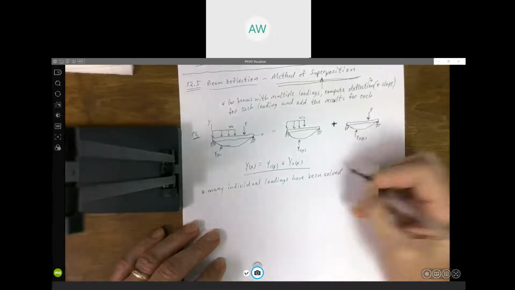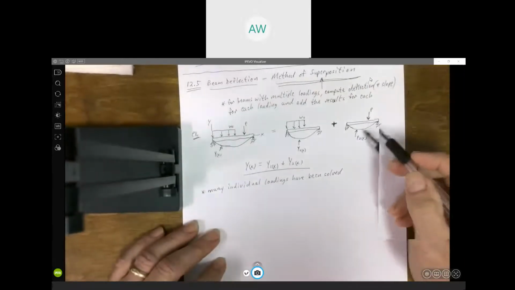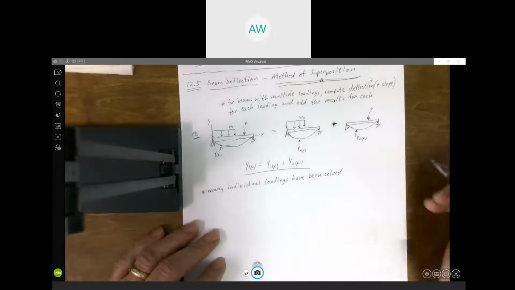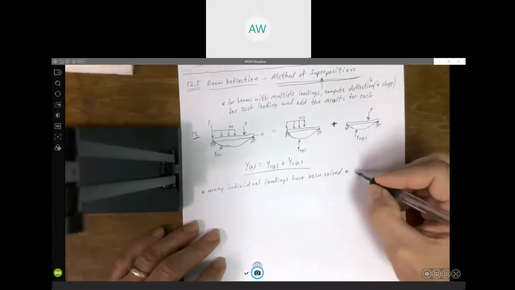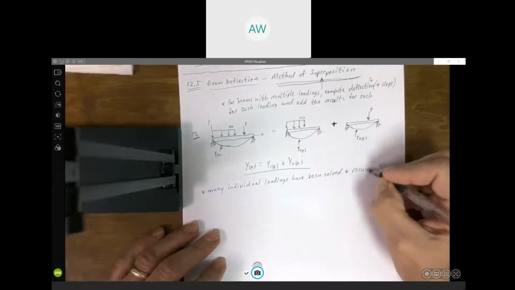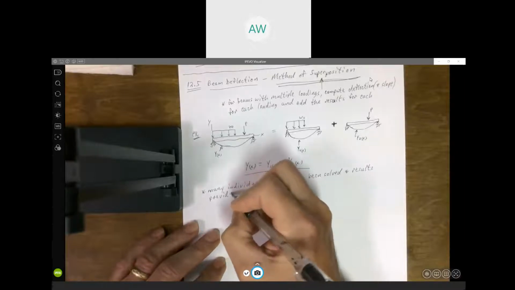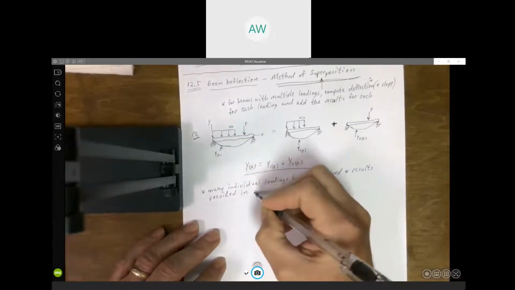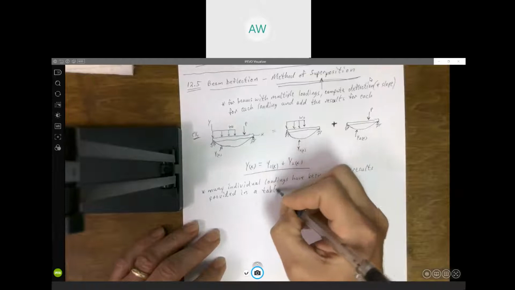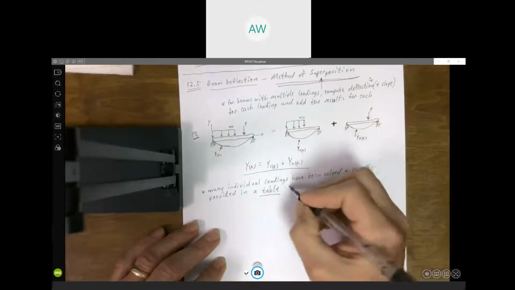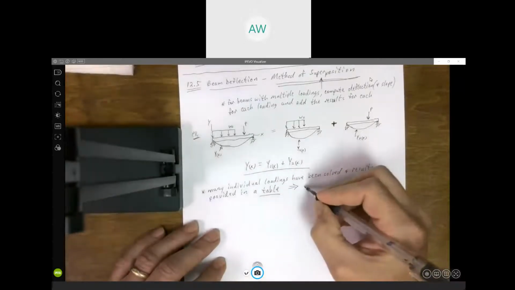Somebody went through and did what we did yesterday and got the result for that. And the results are provided in a table. In your textbook, you'll find this, I think it's Appendix C.